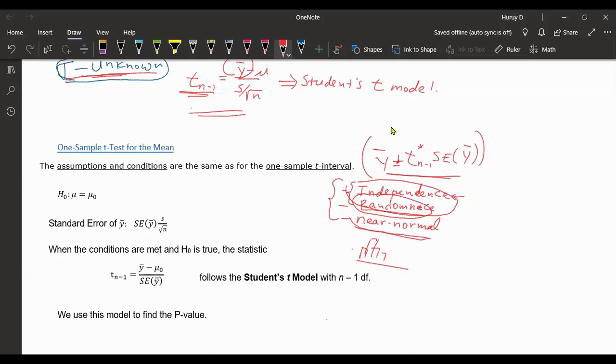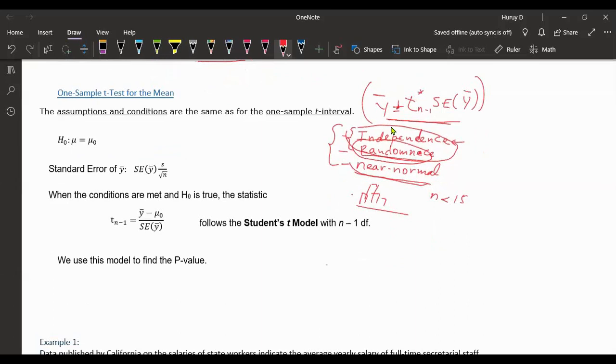So for near normal, last time I gave you some rule of thumb. If n is less than 15, then we want the histogram to be close to perfect, because our sample is very small, close to symmetric and unimodal.